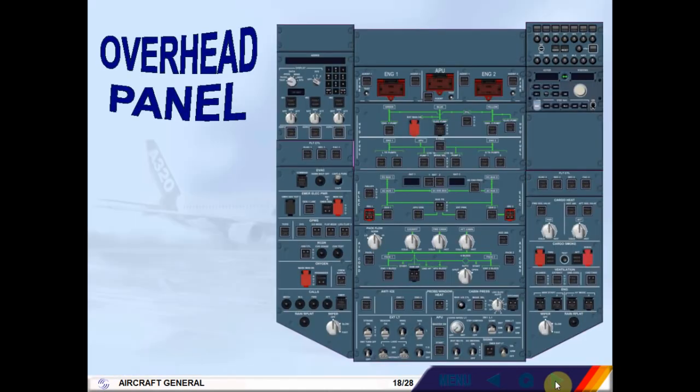The overhead panel is used during the pre-flight to check that all the lights are out, dark cockpit philosophy, and in flight to carry out emergency or abnormal procedures.